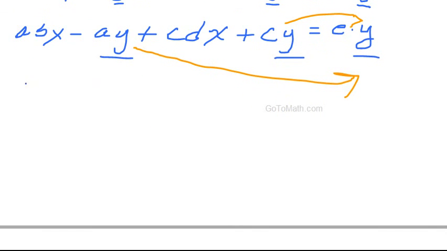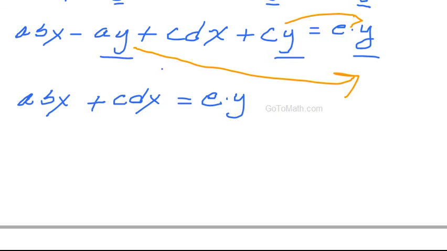Okay, so we have abx plus cdx is equal to, so we're just going to go ahead and rewrite this one here, e times y. We'll go ahead and bring that one over now, plus a times y, and then minus c times y.